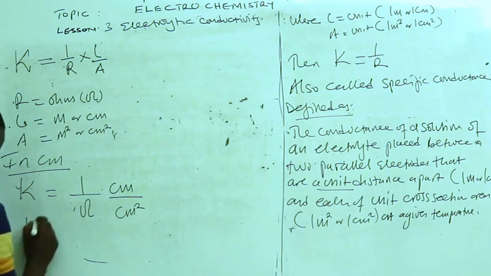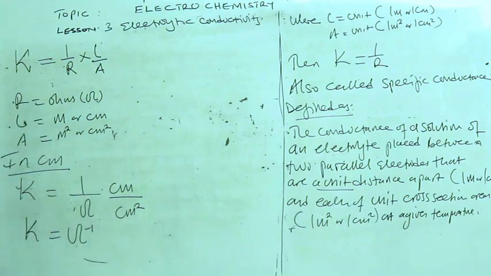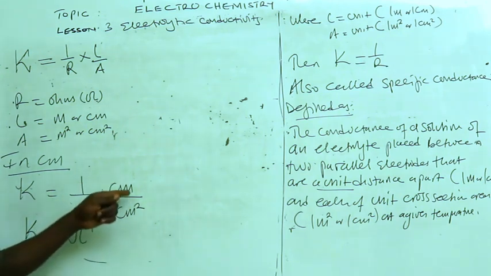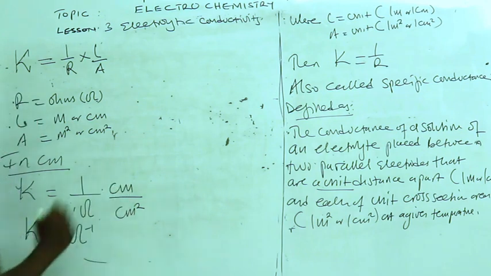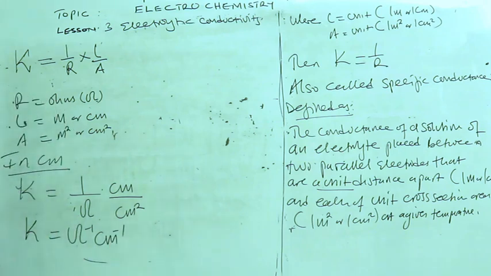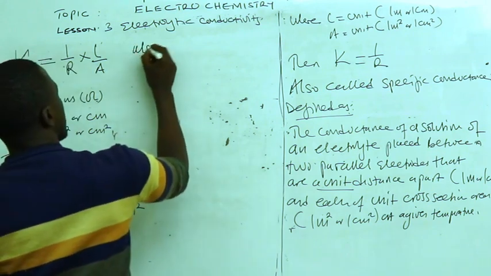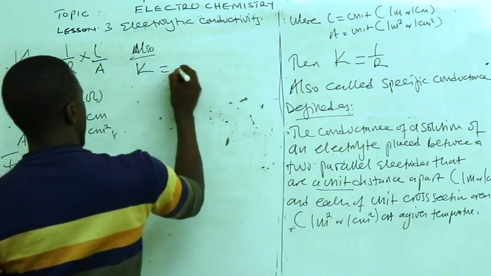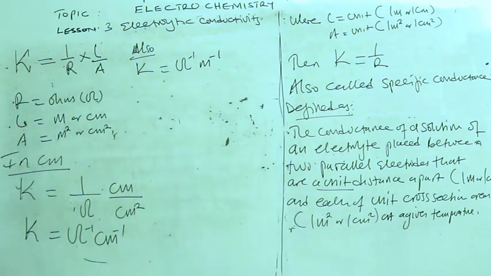And then this will give us the units of K as per ohm, and when we are dividing indices of the same base, we subtract the powers, and this will give us a centimeter down, which will become per centimeter. Similarly, if the units were in meters, K can be per ohm per meter.